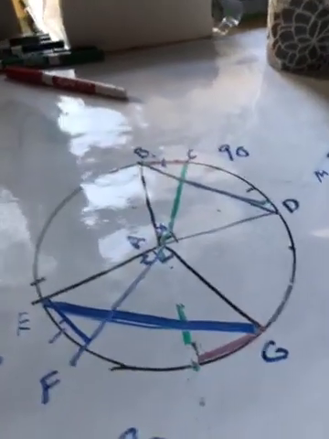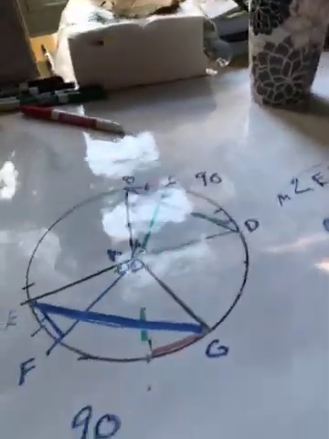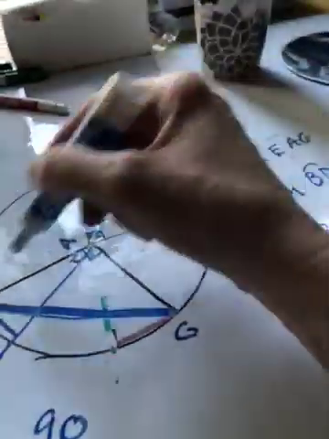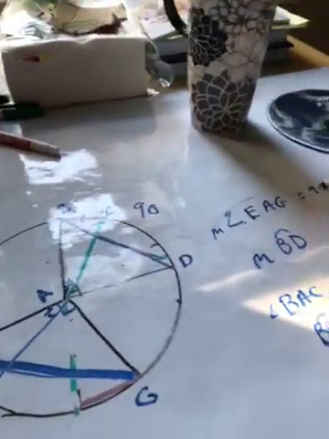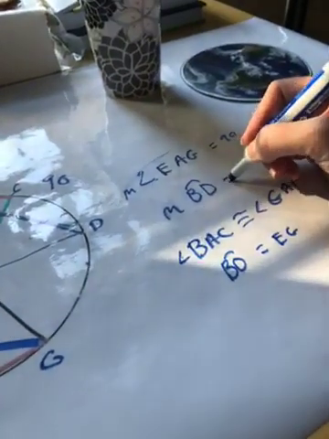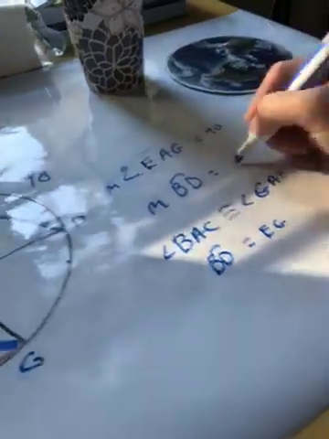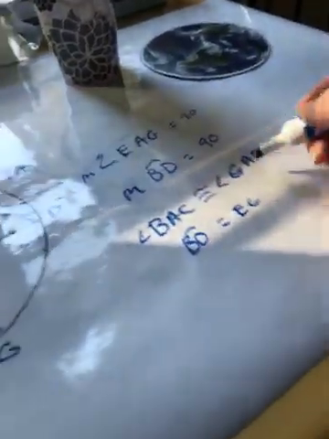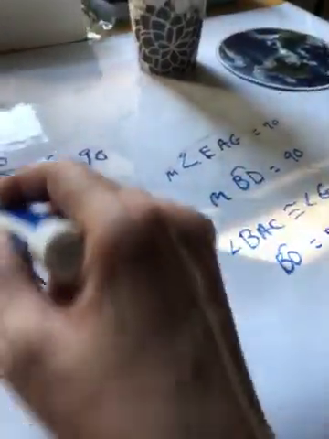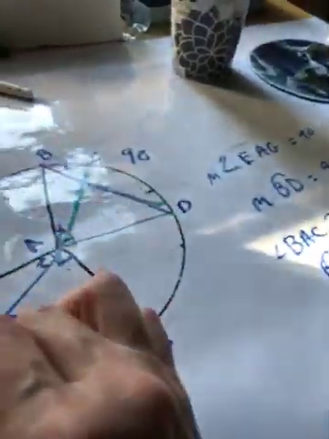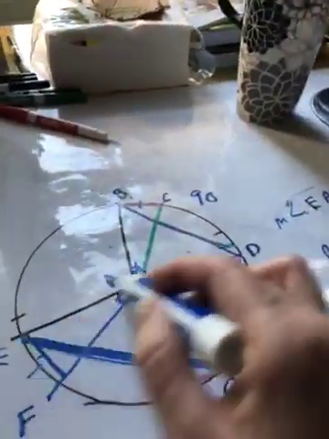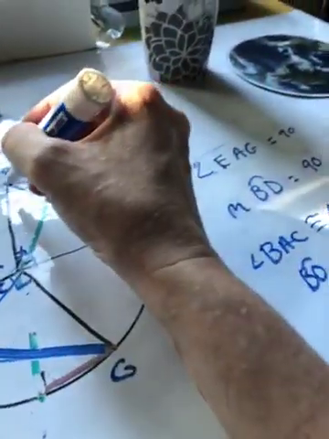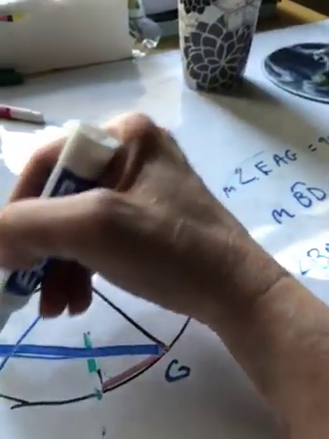And let's see, so angle EAG we have as 90. Arc BD is 90. When they ask about angle BAC, we just did that using this. Angle EAF is, well, BC and EF.